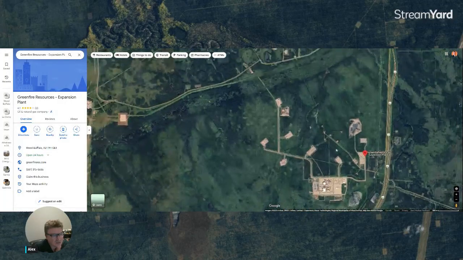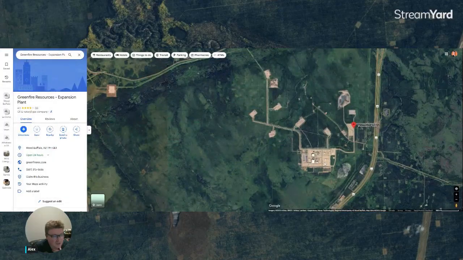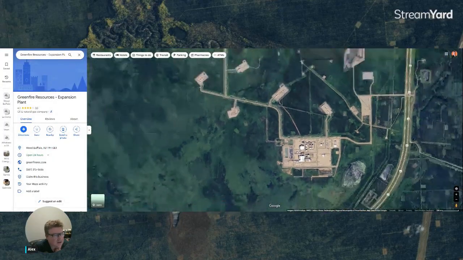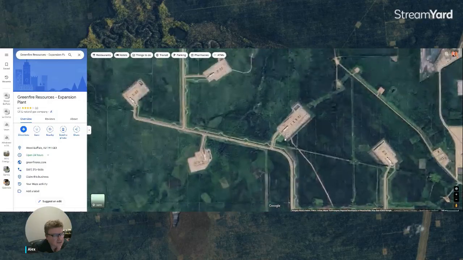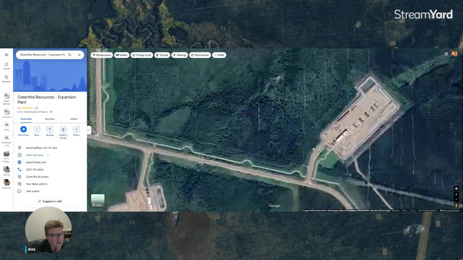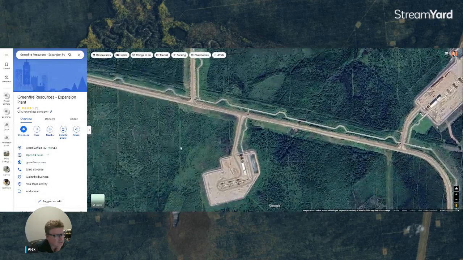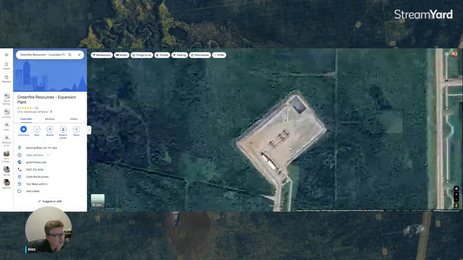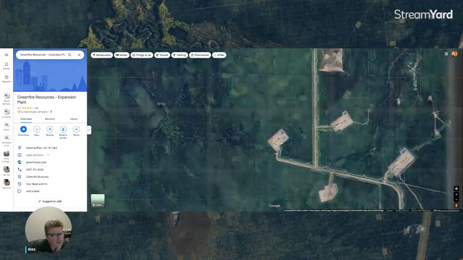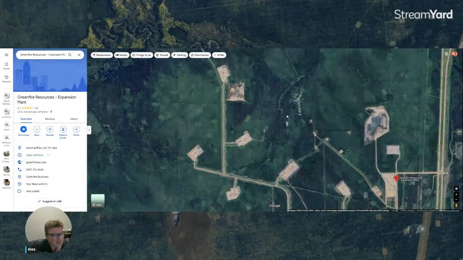So they had to build a new CPF, which is this one, and integrate all of those pads in the same way like previous assets. You see there's some work going on there. That's kind of what's going on with Greenfire.